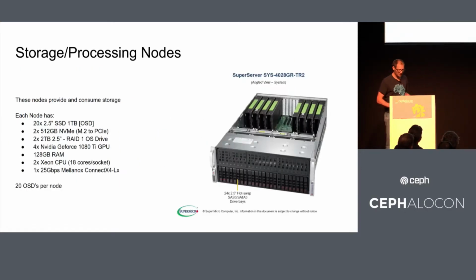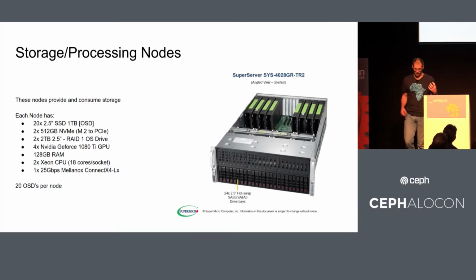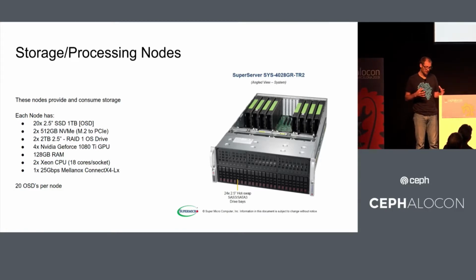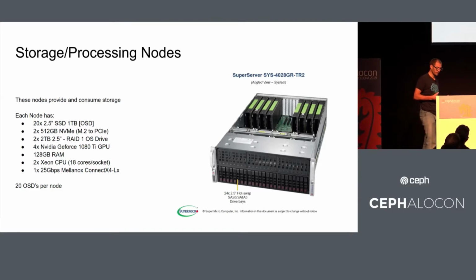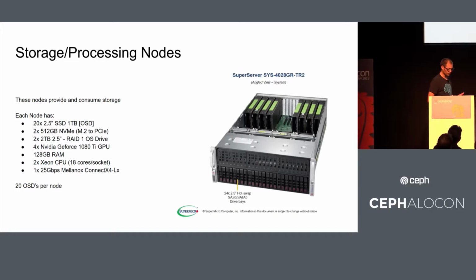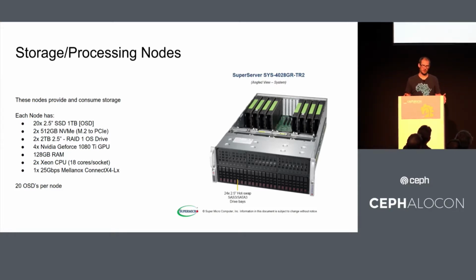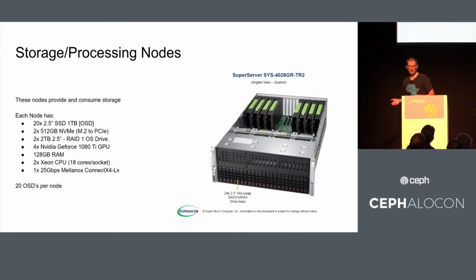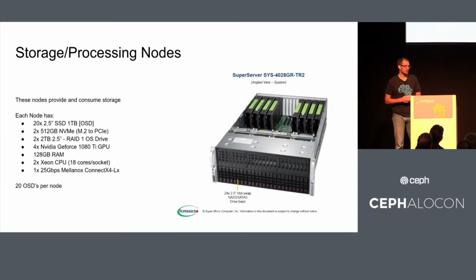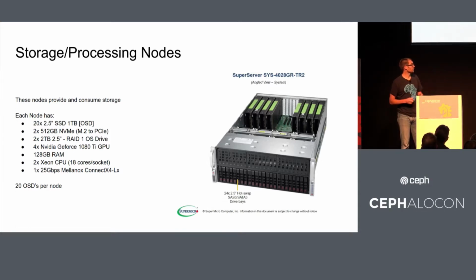We have some other nodes that form part of our storage cluster. These boxes are mostly there for processing purposes, but we also let them serve as our storage nodes. Each of these boxes has 4 GPUs, 128 gigs of RAM, 2 biggish CPUs, and 21 terabyte SSDs.